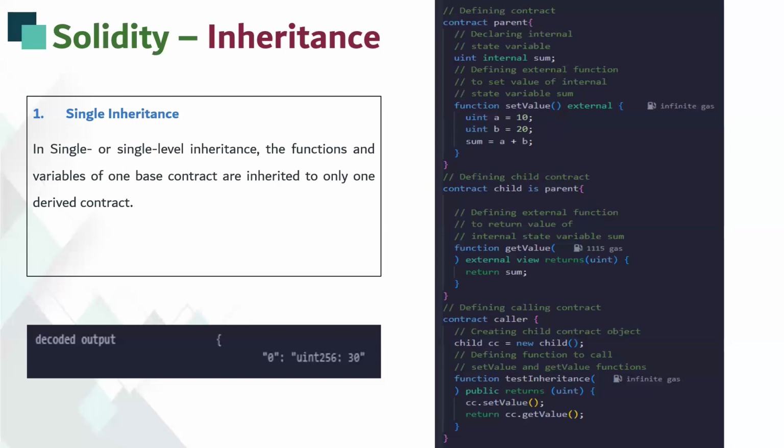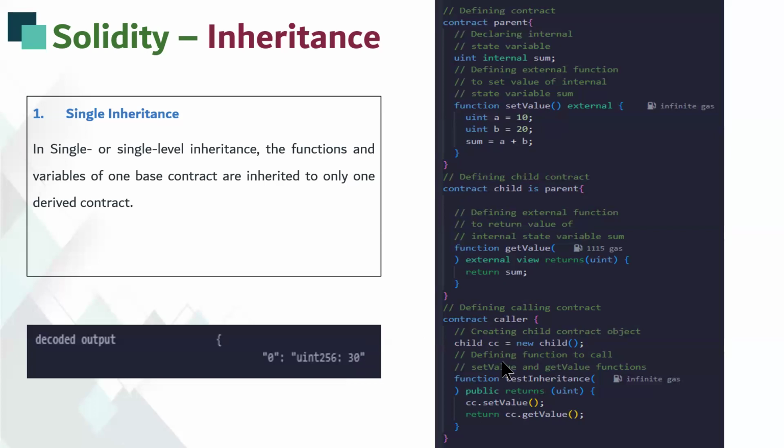Then we have the Caller contract, defined to demonstrate the usage of the inherited functionality. We create an object, cc, an instance of the child contract.